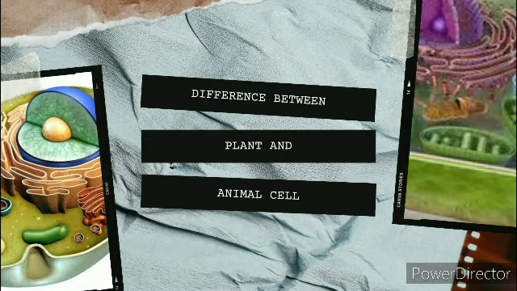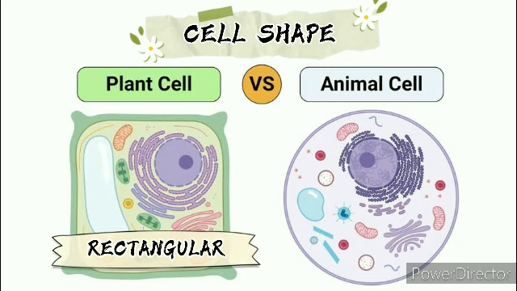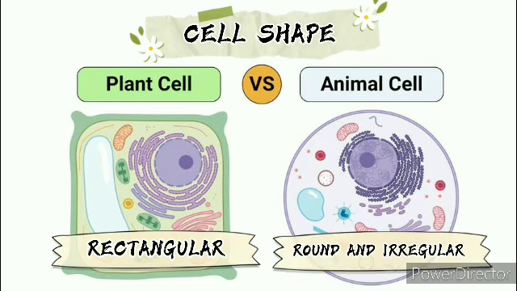So what is the difference between plant cell and animal cell features? In terms of cell shape, the plant cell is rectangular or of fixed shape, while the animal cell is round and irregular in shape.